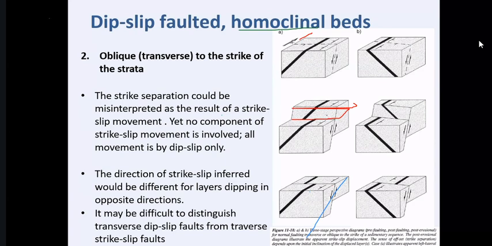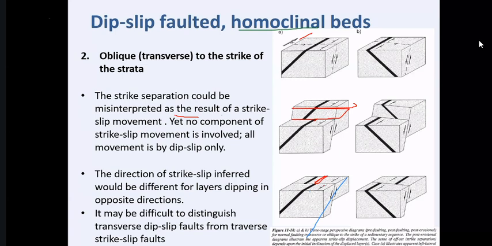If it wasn't oblique, you would see a continuous marker bed here. But because of the oblique movement of that fault plane, you have it being displaced. So the strike separation would be misinterpreted as a result of a strike-slip fault.